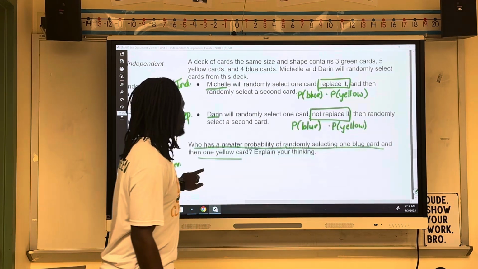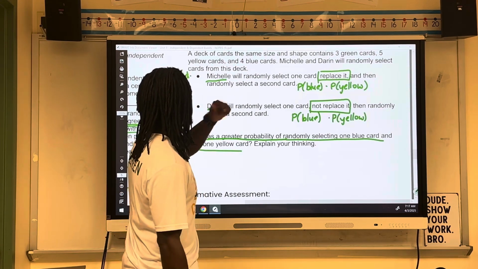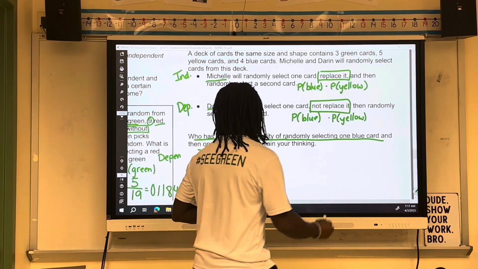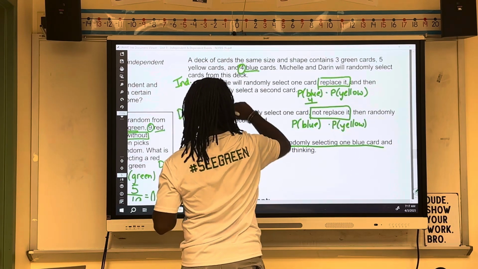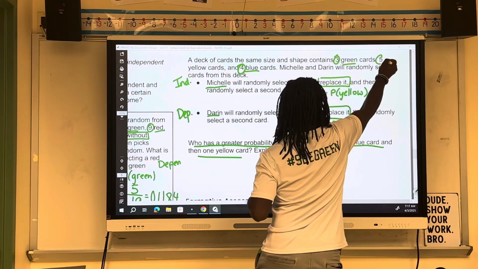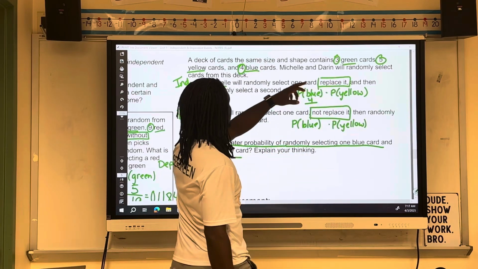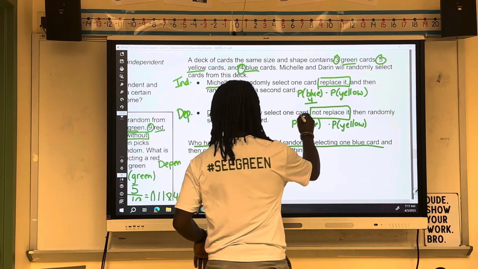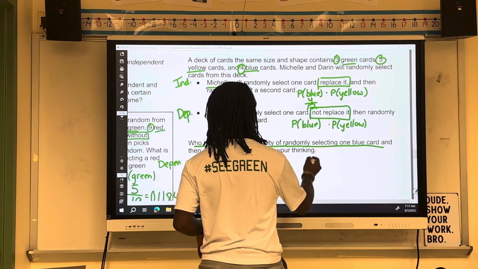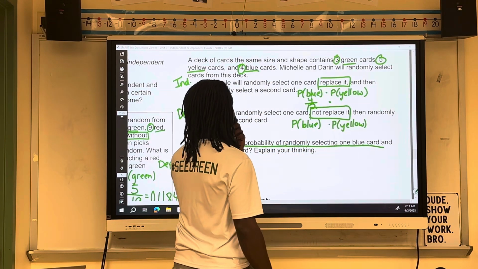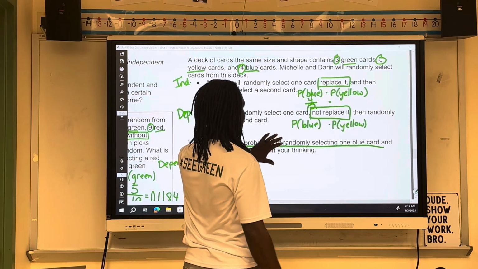Okay, and then we're figuring out who has the greatest, right? So probability for Michelle is 4 because there's 4 blue, 4 blue out of the total. 3, 5, 4, that's 12. Okay. So 4 out of 12 times, what's the probability of getting a yellow after she replaces it? So Michelle puts it back.